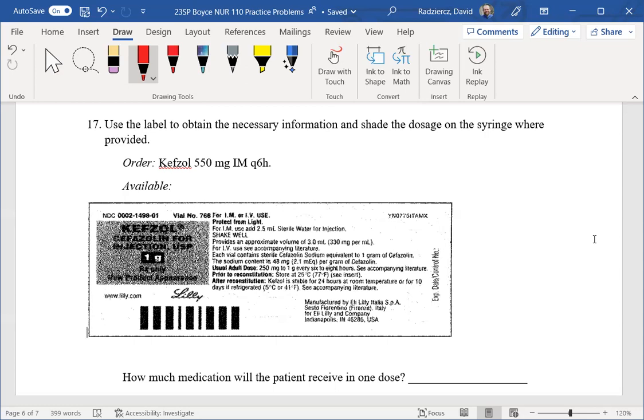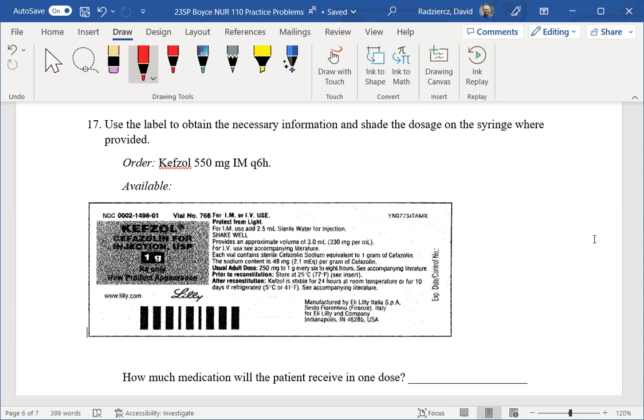A reconstitution is essentially a powdered drug that gets water added to it, so it becomes active, and then it gets administered. Once you know that you're dealing with a reconstitution, that's how you know what you're administering.